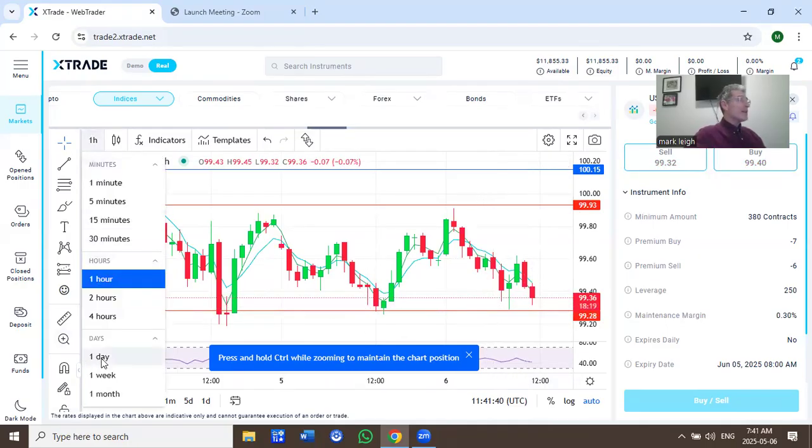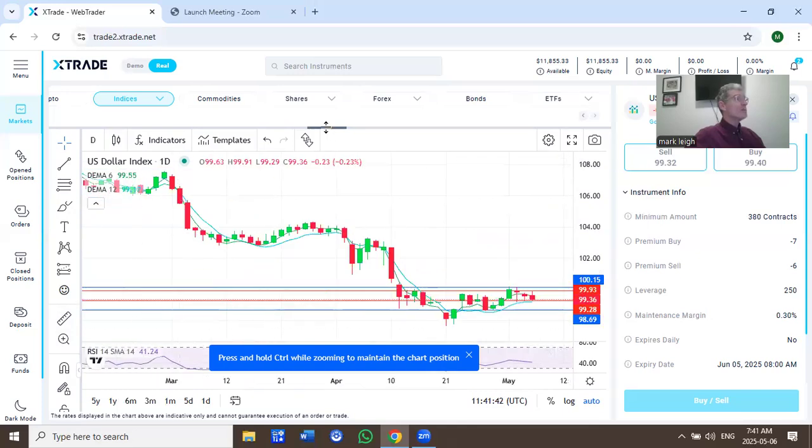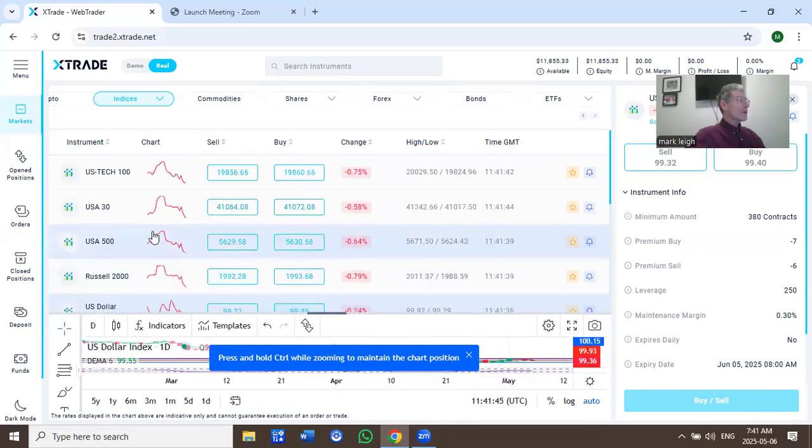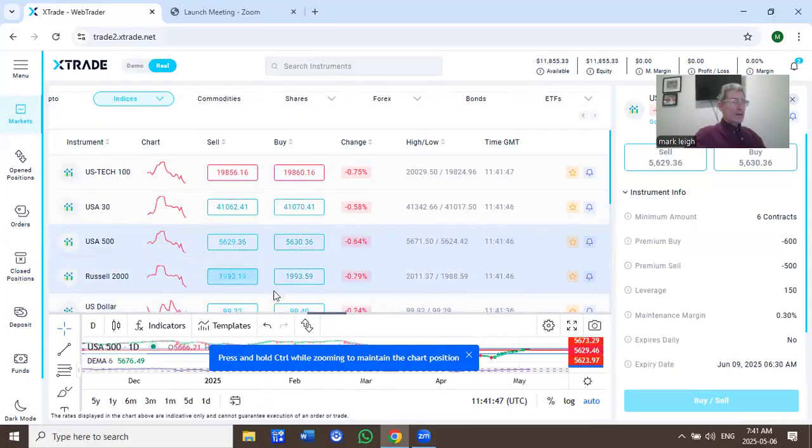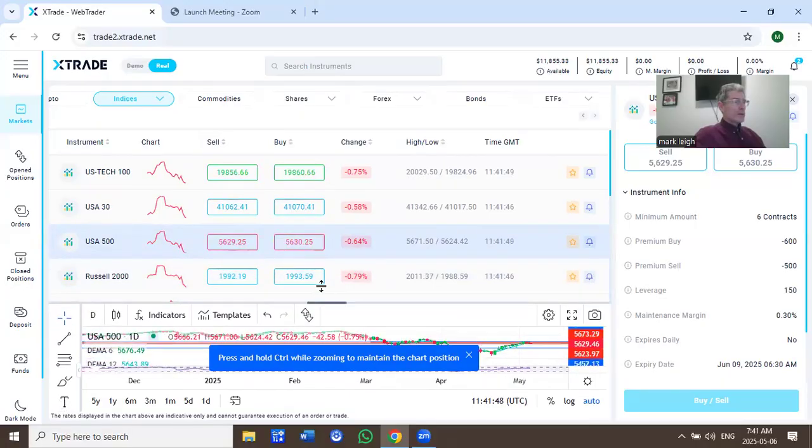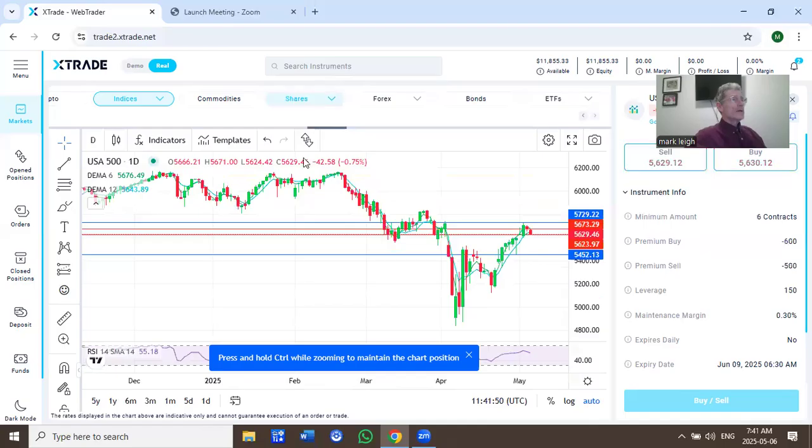Let's have a look at how the S&P is shaping up. Wall Street opening up at 9:30 a.m. That's a good hour 45 away, hour 45 until Wall Street does open.